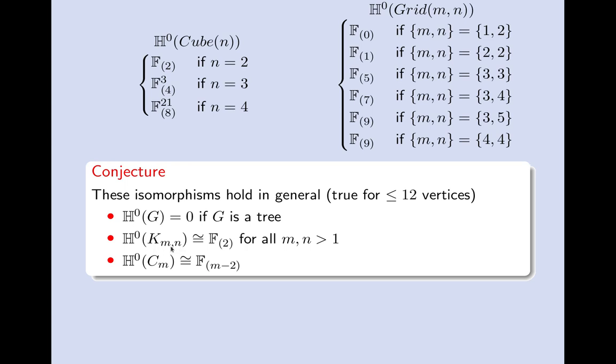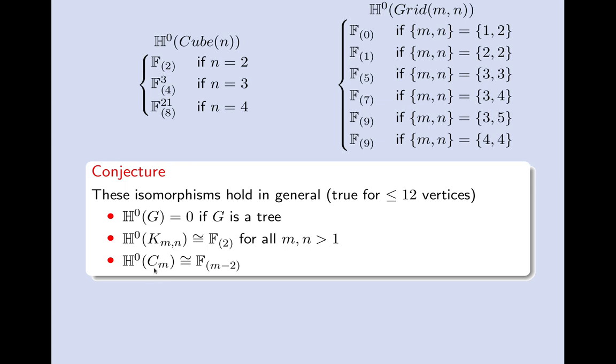Also, for the complete bipartite graph, the knot homology appears to be always of rank 1 in degree 2 for all m and n, but I wasn't able to find a cycle, since these graphs tend to get quite big, and their knot chain complexes even bigger, even for small values of m and n.